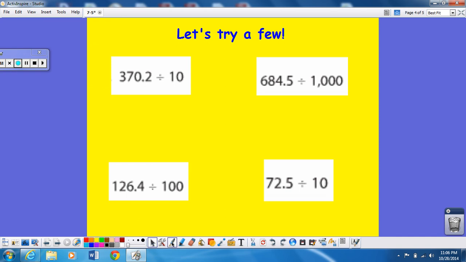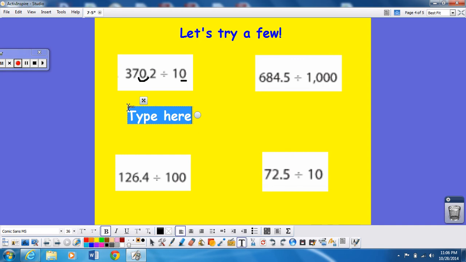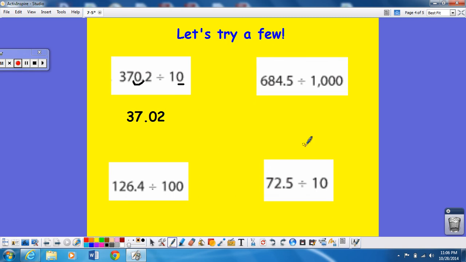Let's look at this first one. 370 and 2/10 divided by 10. Remember, the first thing you do is look and see how many zeros are in your power of 10 that you're dividing by. There's 1, which means this is going to go back 1, which makes my answer 37 and 2/100ths. Okay? Very simple, just moving your decimal. Let's look at this one.